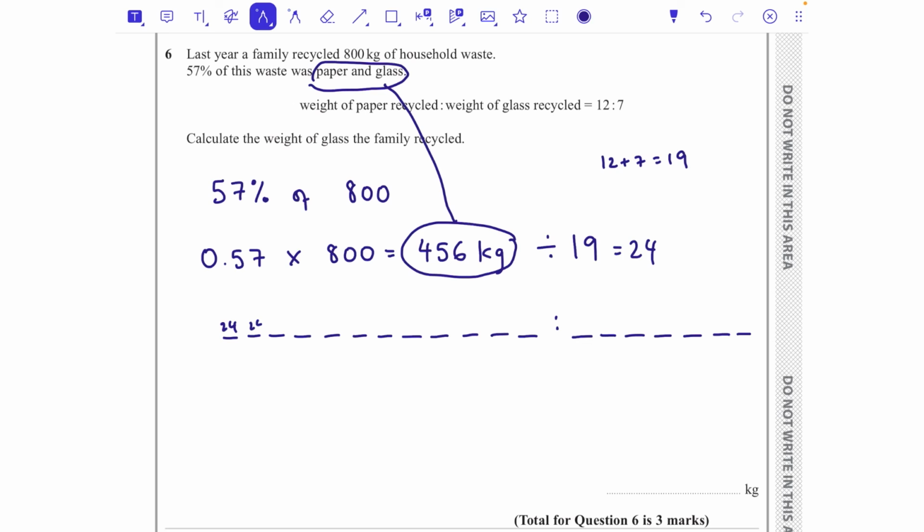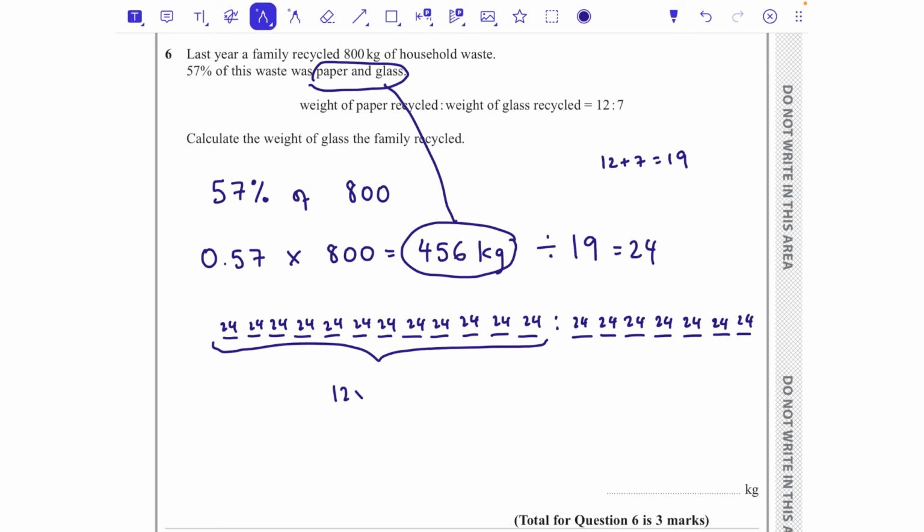Now I could write them all in. I'm probably not going to, no, I've committed now, so I'll do it. 24 on each of those little lines. And that tells you how much is going to be paper and how much is going to be glass. So on the left-hand side, we've got 12 lots of 24, and 12 lots of 24 is going to be 288 kilograms of paper.